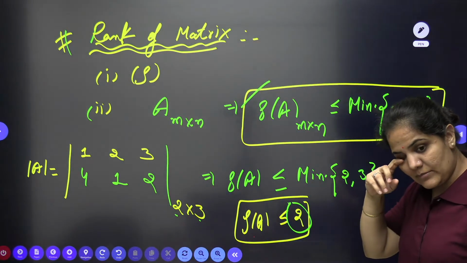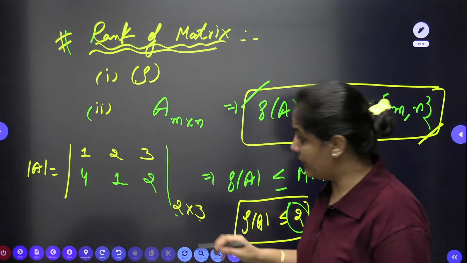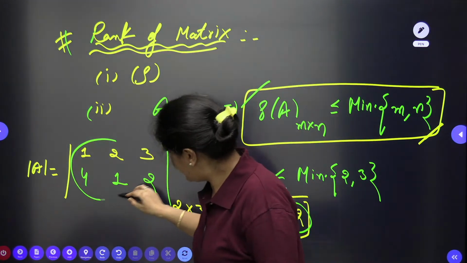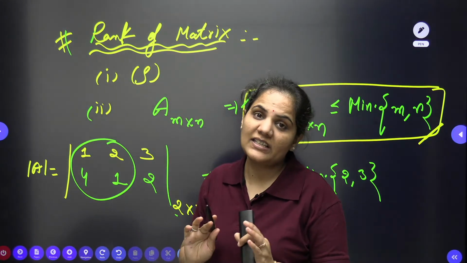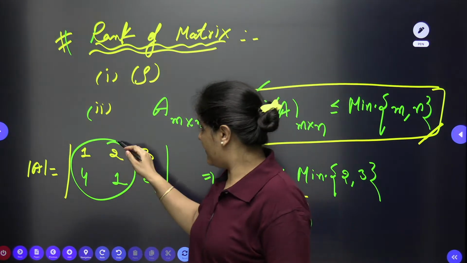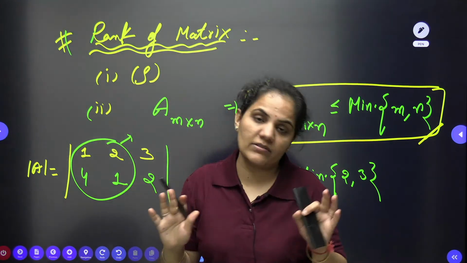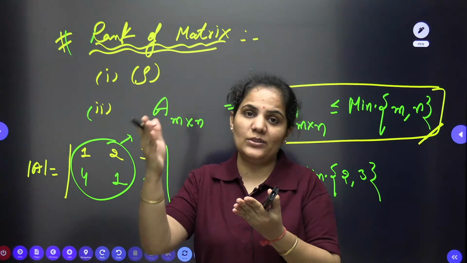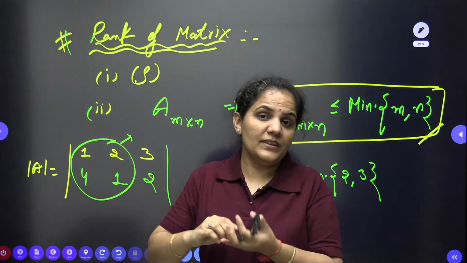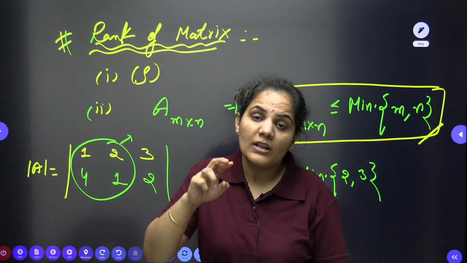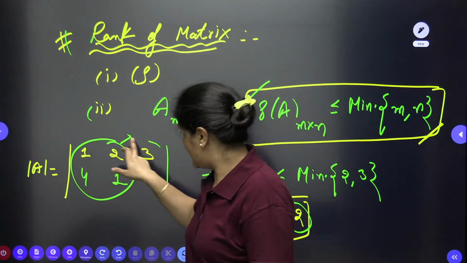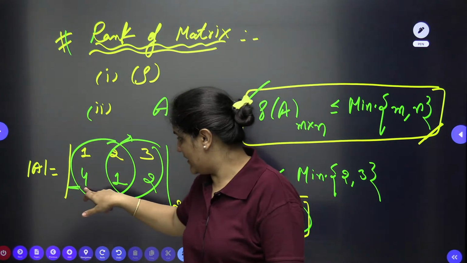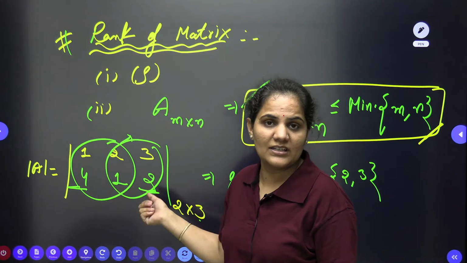When you check this very first minor, suppose the value of this very first minor is not equal to 0. Then you will not proceed to the next minor. But if the very first minor is equal to 0, then you will check the next minor, which is this one. Suppose this is also equal to 0, then you will check the next minor, which is this one and this one. You will include first and last column.